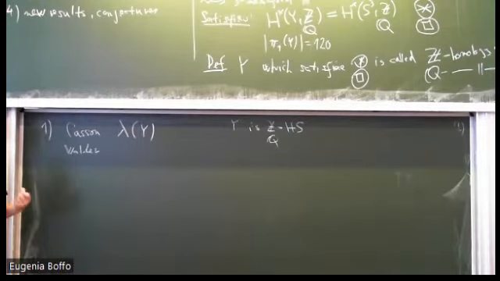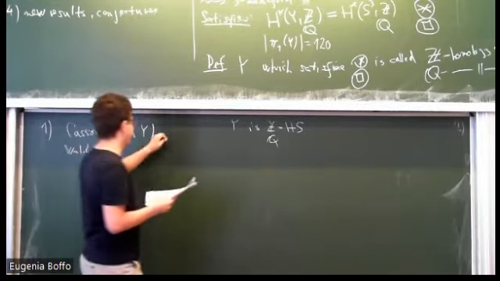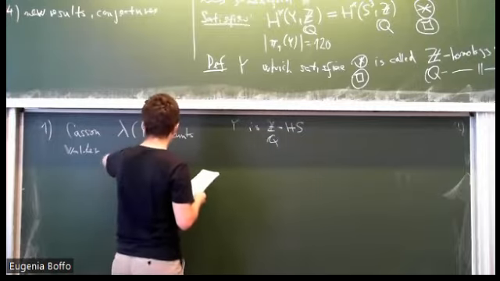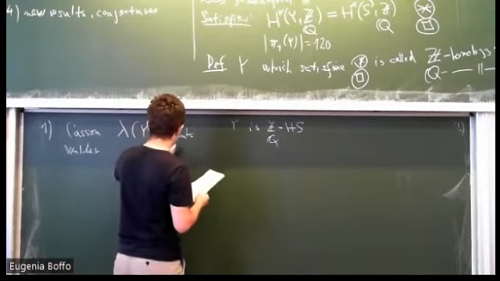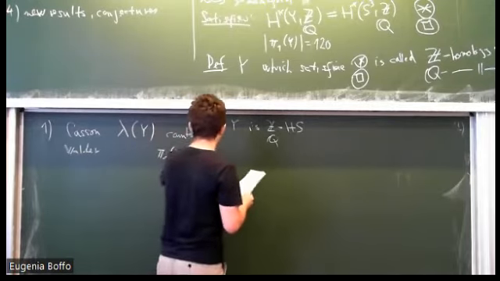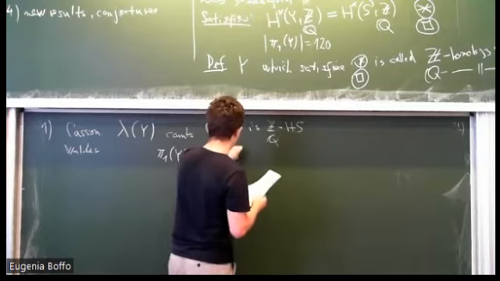There is a choice of a group, which is SU2, and Casson roughly counts representations of pi 1 of Y to SU2.